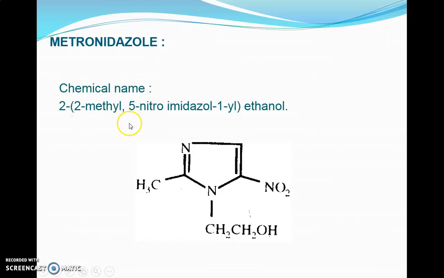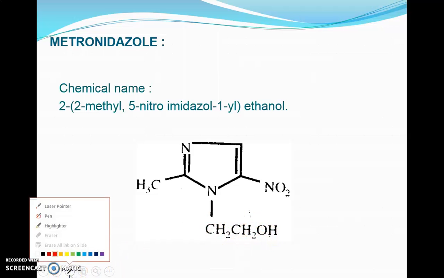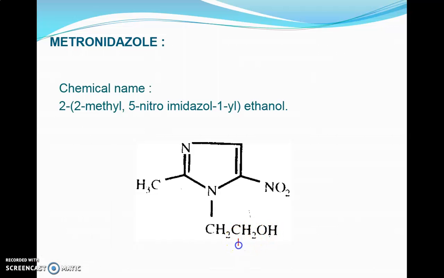metronidazole. As far as the chemical name of metronidazole is concerned, the basic nucleus is imidazole, or we can say we are taking the parent nucleus as ethanol. If we give numbering to this ethanol, the hydroxy group is the functional group, so this carbon will be the first carbon and this carbon will be the second carbon.